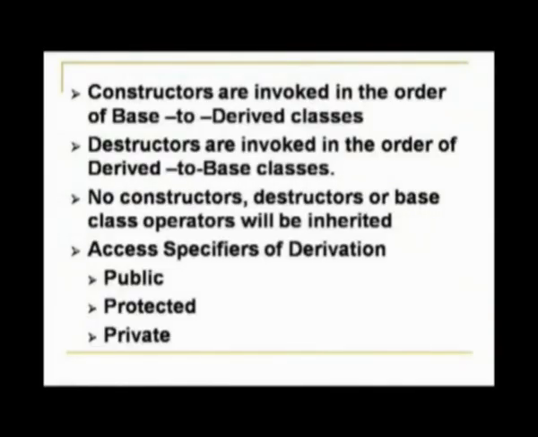So, when you are initializing memory, first the base class's data members are initialized, then the subclass. But in the case of destructors, it is in the reverse order. The freeing of memory space is done for the derived class's objects, and then we move over to the parent class's objects. So, these are rules that already exist, and we have to bear them in mind when we define constructors and destructors and when we create objects and destroy them.